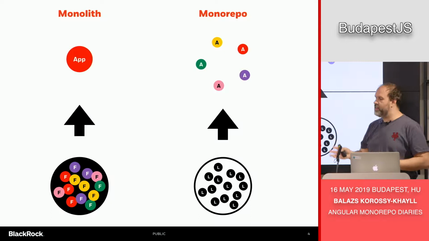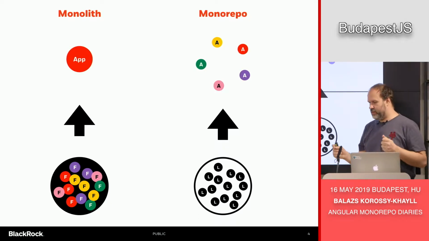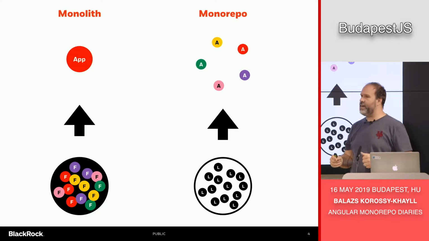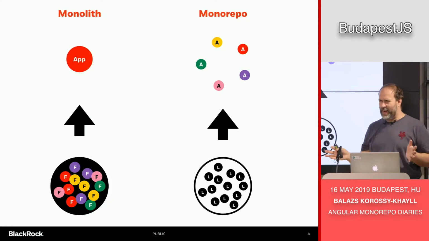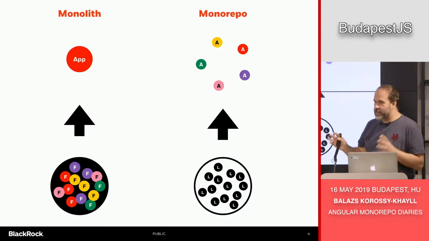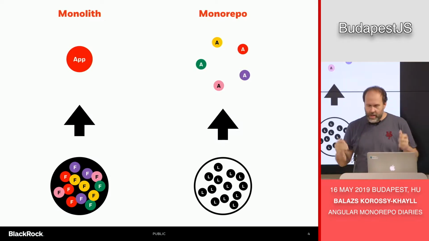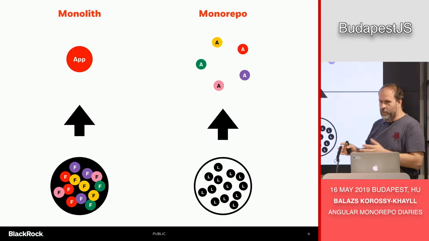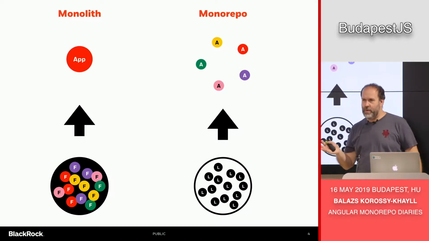Okay, so we decided to do a monorepo, and it's a great idea. What do you think? And they will look a bit weird and say something like, are you out of your mind? We just got rid of the monolith, right? It took us 2 years to break it down into microservices. And you want to do this monorepo. It doesn't sound right. So indeed, the words are very similar.